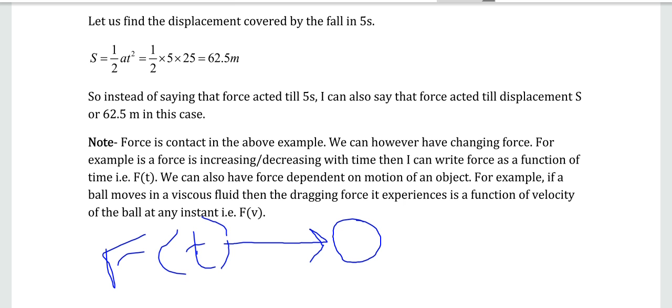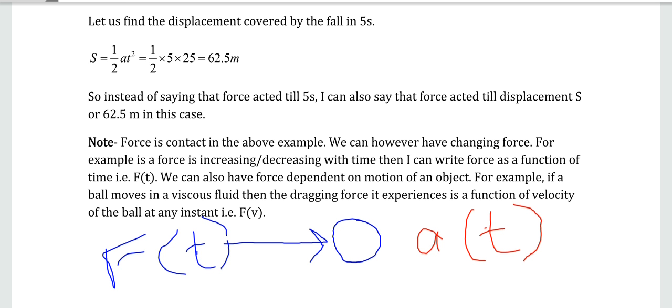If the force is a function of time, the acceleration is not going to be the same. The acceleration will also be a function of time. It means if a ball is acted upon by a changing force, then the acceleration is also going to be changing.